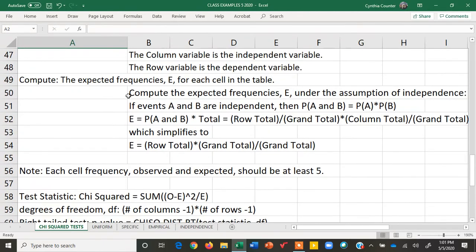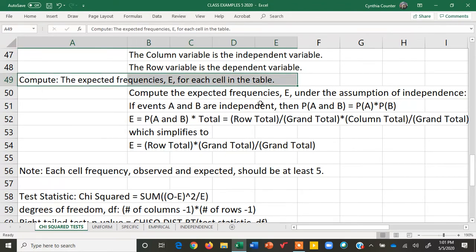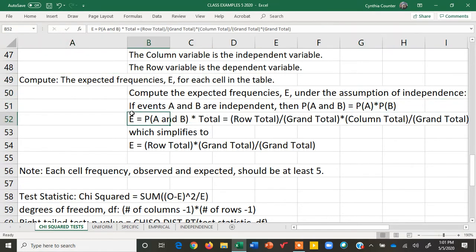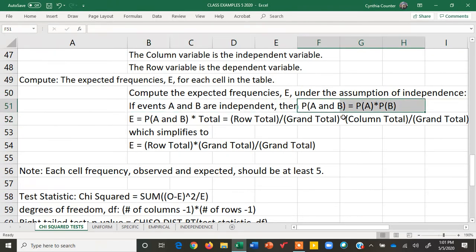Here we are. We want to compute the expected frequencies for each cell in the table under the assumption of independence. Now, if events A and B are independent, the product rule tells us that the probability of their both occurring is equivalent to the product of their probabilities of occurring individually. So if we take our probability under the assumption of independence, we would then multiply that probability times the total to get the actual expected frequency.